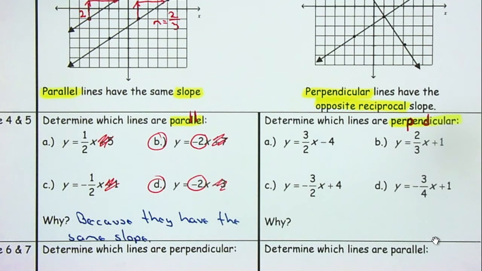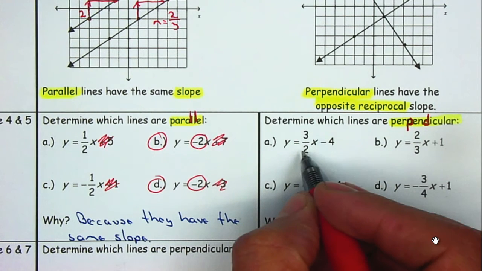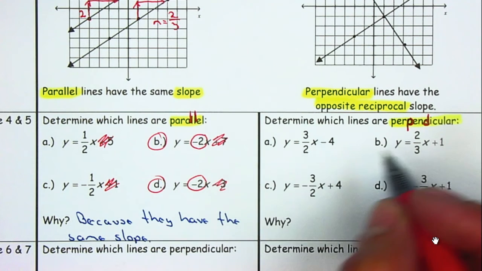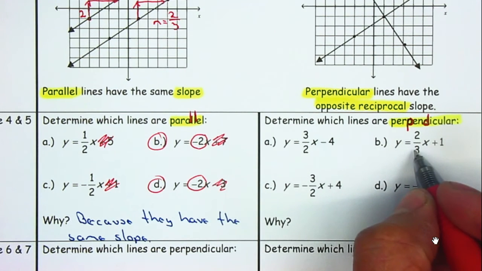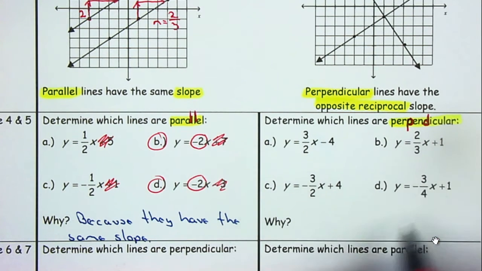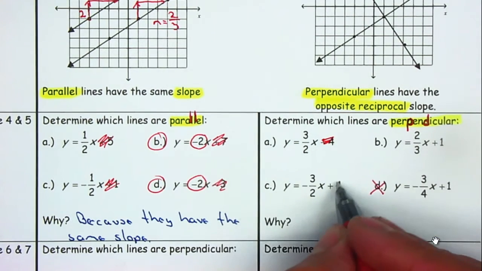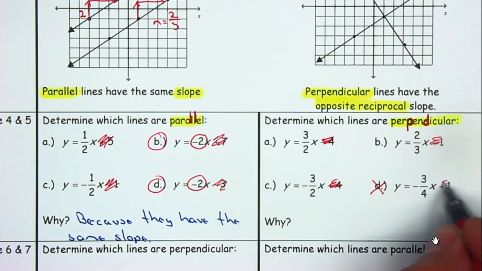One positive, one negative. So we have 3 over 2. We're looking for 2 over 3. That's fine, but we need it to be negative. So that's not it. The one with 3 over 4, that's not it either. I'm not going to cross out my y-intercept.